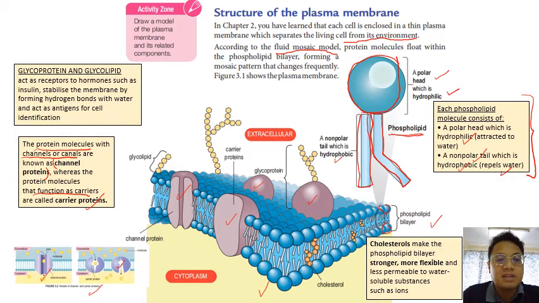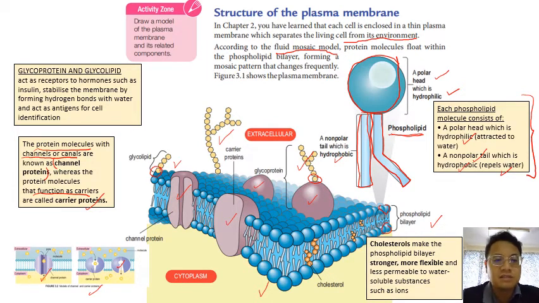All right, now let us look into the next structure, this yellow structure. They are actually carbohydrates, carbohydrate chains. This carbohydrate chain attaches either to the protein molecule, or to the lipid molecule.